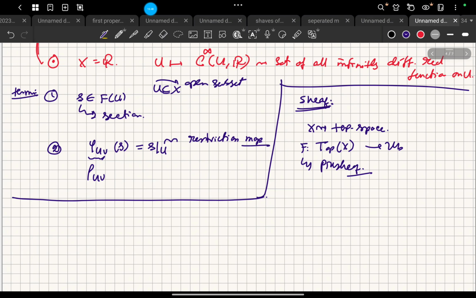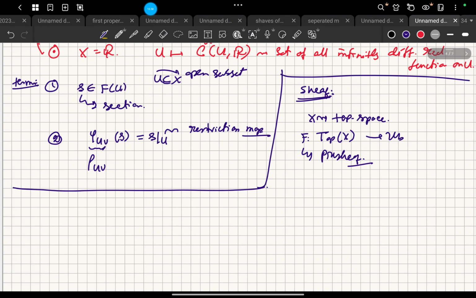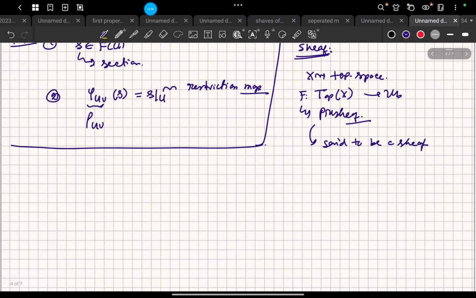A presheaf is said to be a sheaf if the following are satisfied.